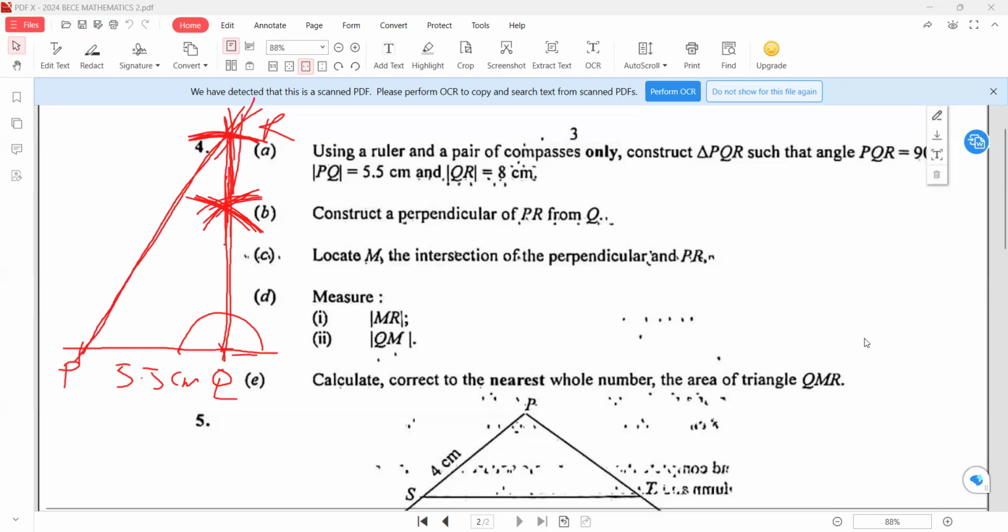And I have this. This is my 8 centimeters. That's my 8 centimeters, and I've got my triangle.